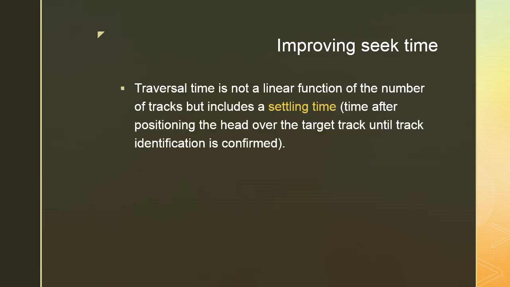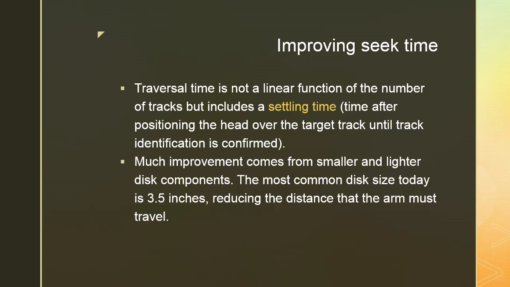Improving seek time. Unfortunately, the traversal time is not a linear function of the number of tracks, but includes a settling time, the time after positioning the head over the target track until track identification is confirmed. Much improvement comes from smaller and lighter disk components.